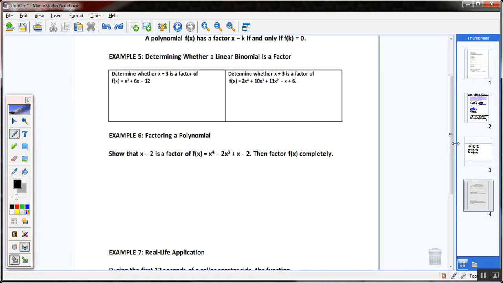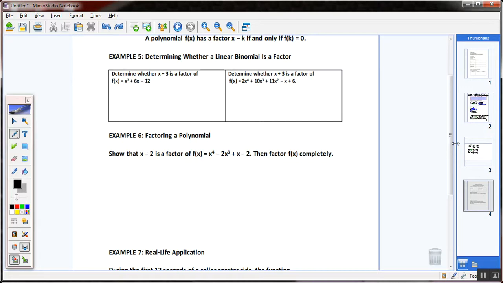Is 8 a factor of 36? It goes in 4 times, 4 times 8 is 32, and what's your remainder here? 4. So something is a factor of something else if the remainder is 0.